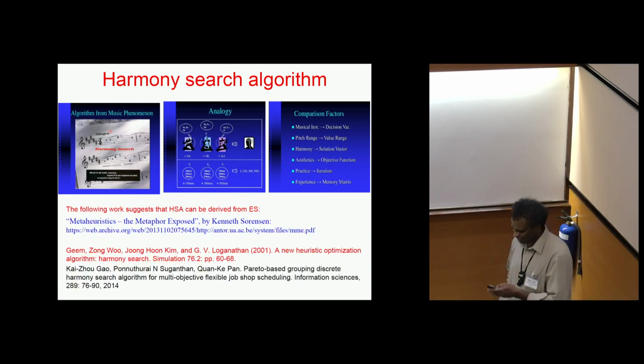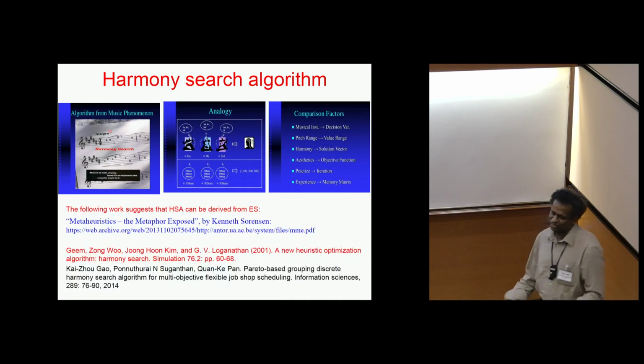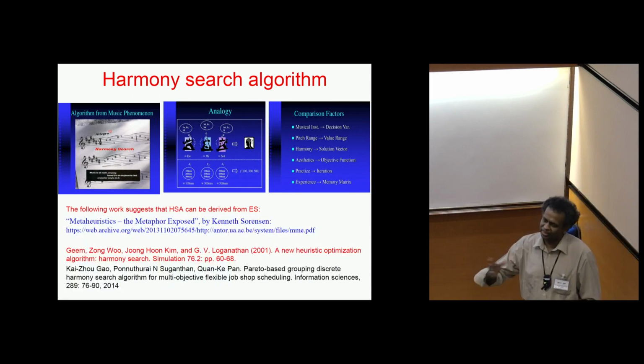So this harmony search algorithm was discussed in this particular paper on metaheuristics. In this paper they say it is very similar to ES, no difference. If you do some parameter settings the right way, it will become ES.